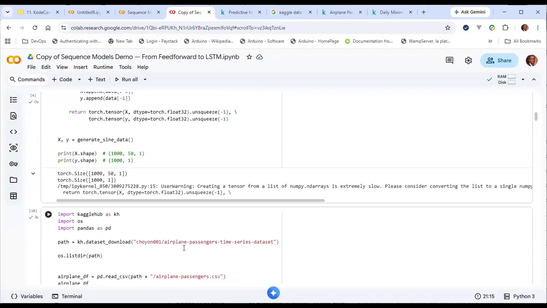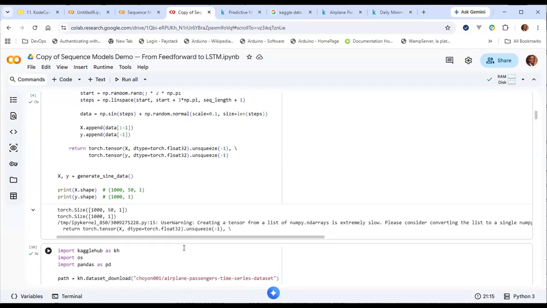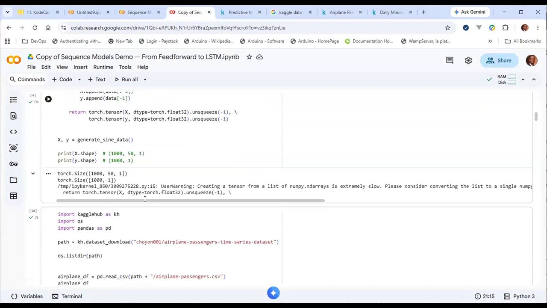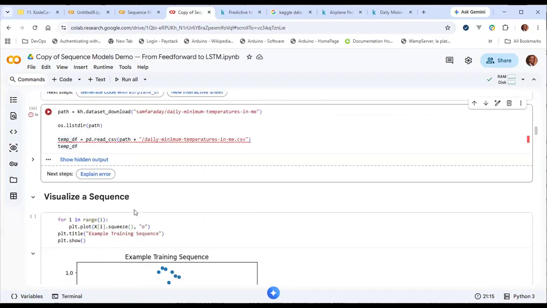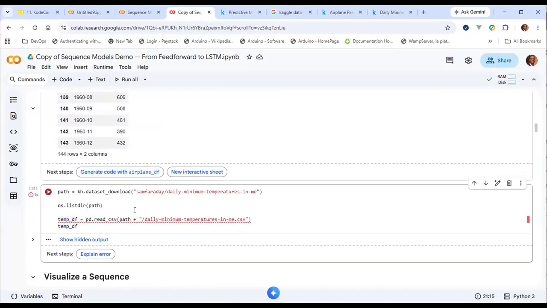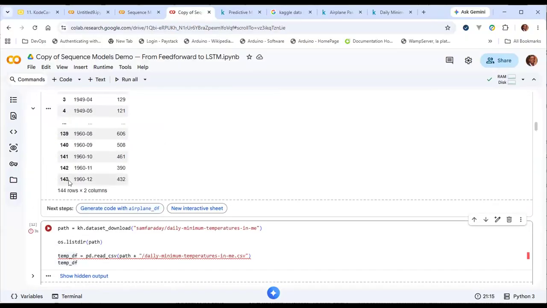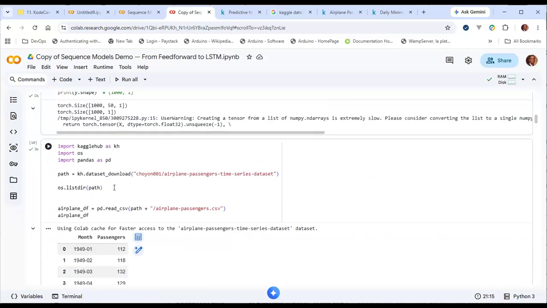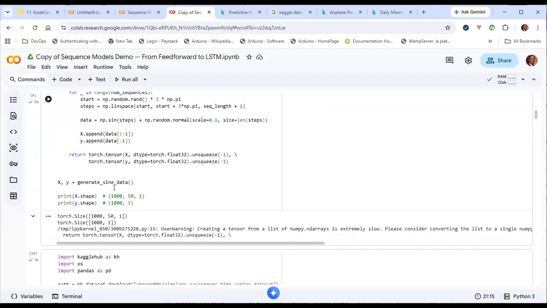The airline sequential data. To generate the data, we would have to run through the sequence. Let's say we want a fixed sequence length of 50. You can see that there are 143 rows here. So we can take from the first input to the 50th, then the 51st will be the Y value. That's how you generate the prediction, because you want to predict what the next value should be.